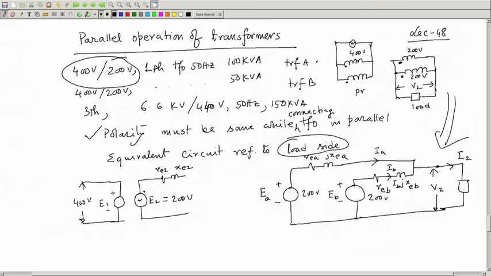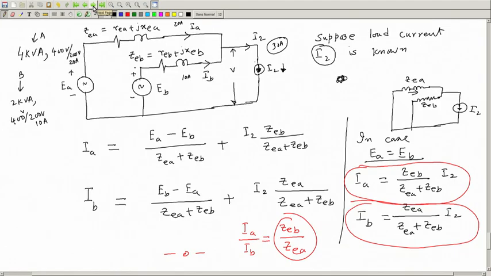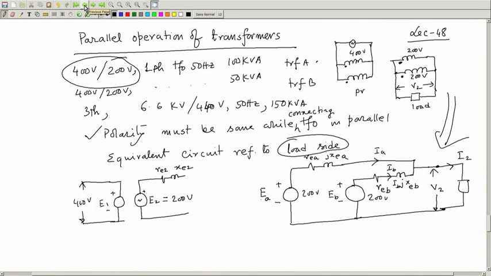As an example, I said that suppose you have two transformers of voltage rating 400 volt and 200 volt, and the other transformer rating is on the next page, perhaps I wrote. These two transformers you are connecting in parallel.